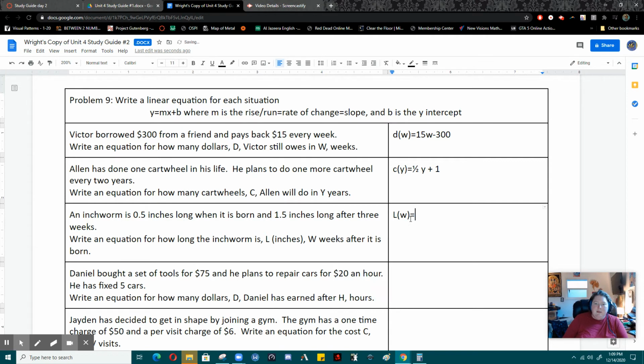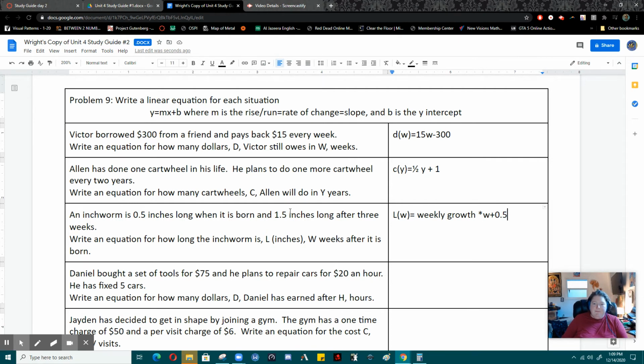Well, for this one, we are not just told the slope. We have to figure it out. But what we do know is it's going to be some kind of weekly growth, whatever that is, times the number of weeks, plus the starting length, which is 0.5 when that precious little baby worm was born.